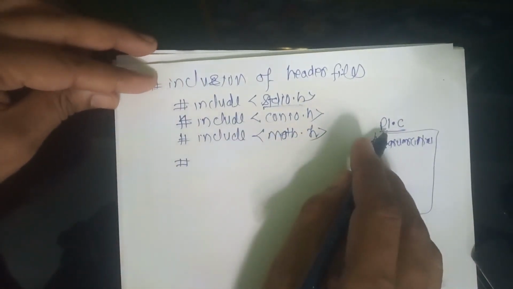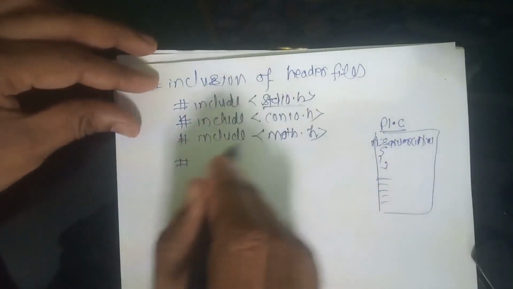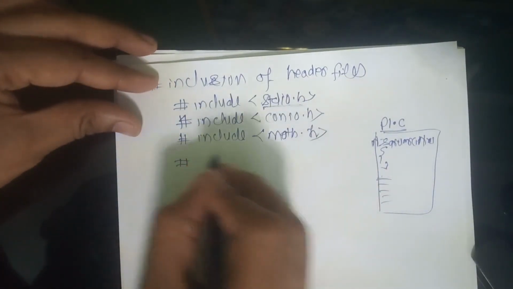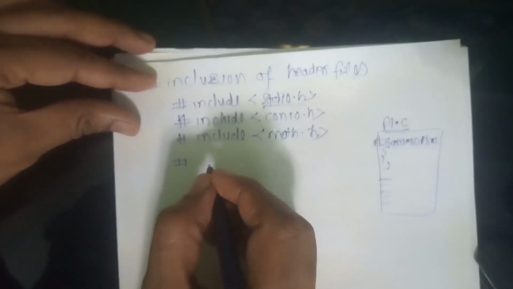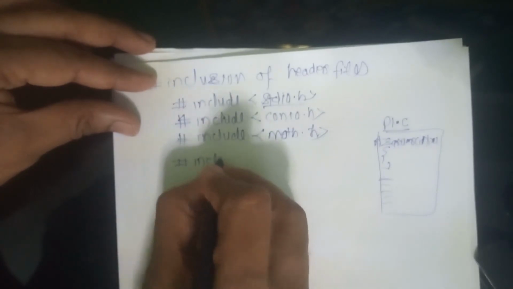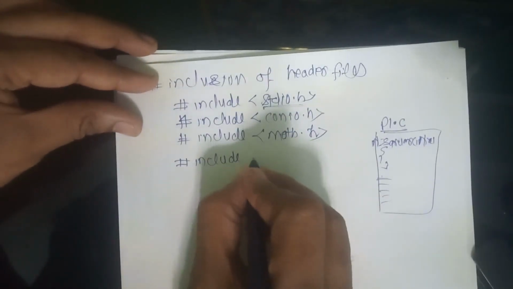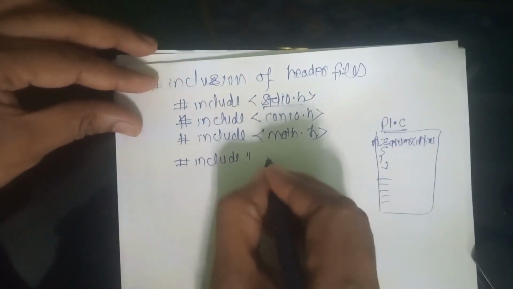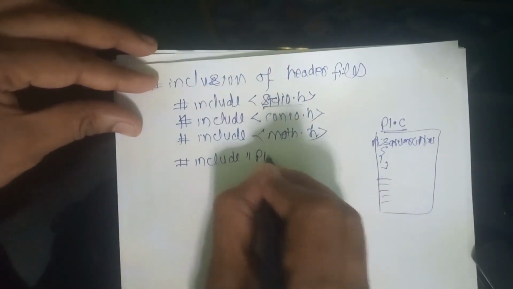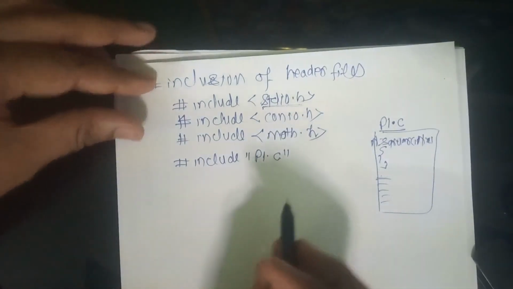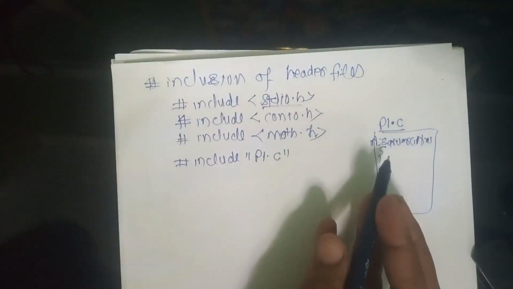Including your C file in another program is called a multi-file program. Inclusion can be done with the help of double quotes, like p1.c.